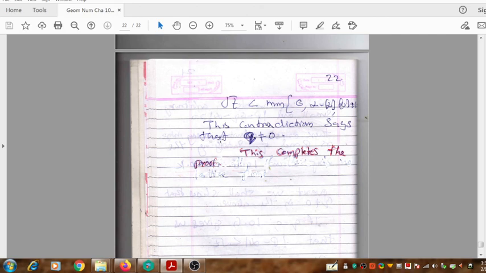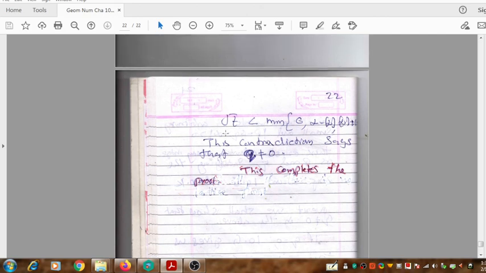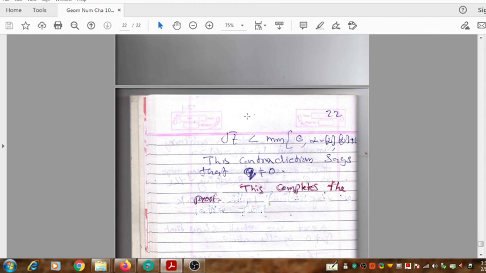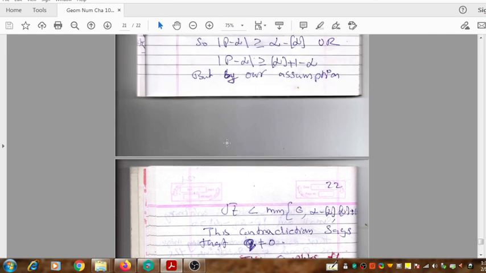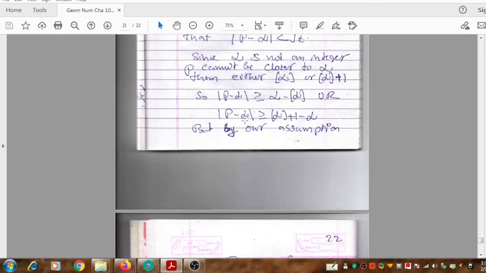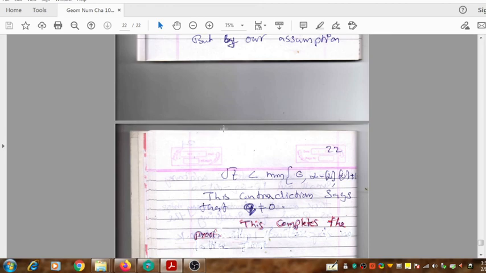This is an important condition we have accepted on root t, and it is contradicted by either of these situations.